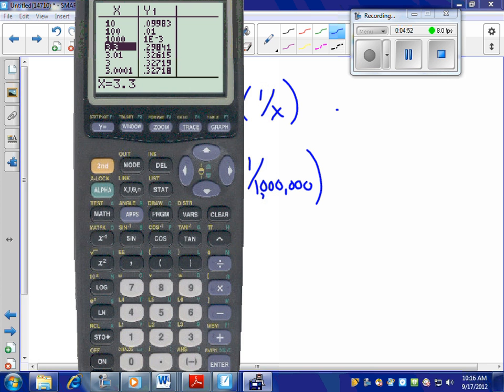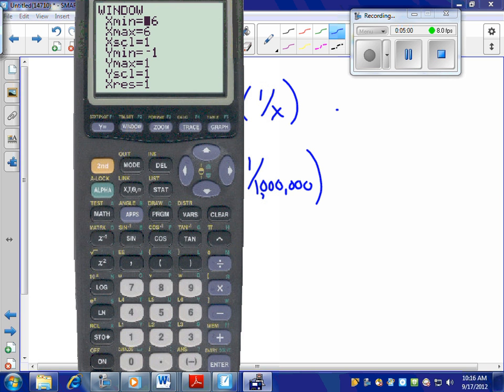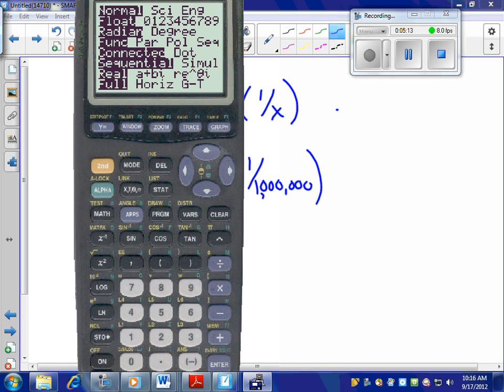Is that everybody's? Are some people getting these values? And you change your window to a y max and y minimum negative 1, positive 1. Okay, are you working in radians instead of degrees? Mode. You should be in radians.